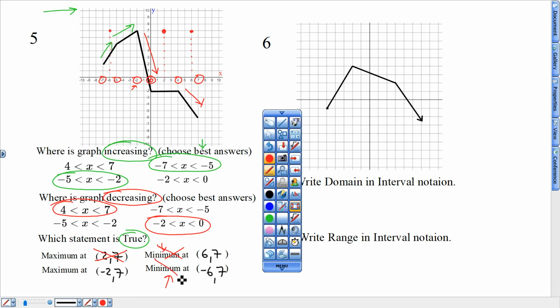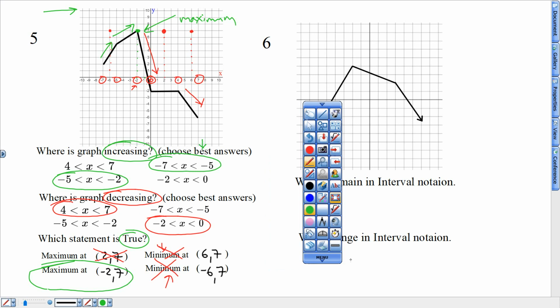That's false. But this one, if I look at it, this one is true. This one has a maximum of left 2 up 7. That is this point right there. That is the maximum. So that is true right here. All right, next, moving on.